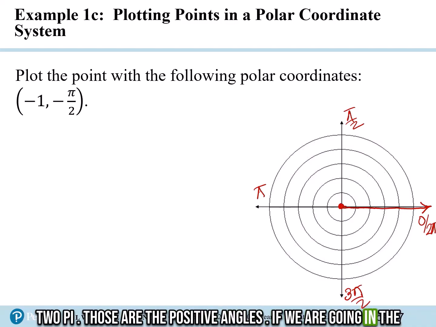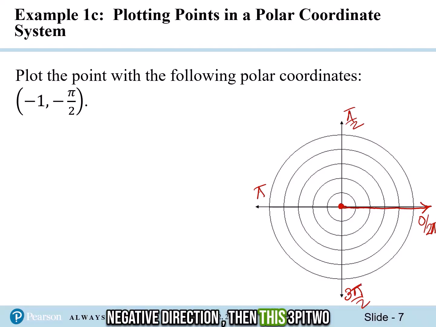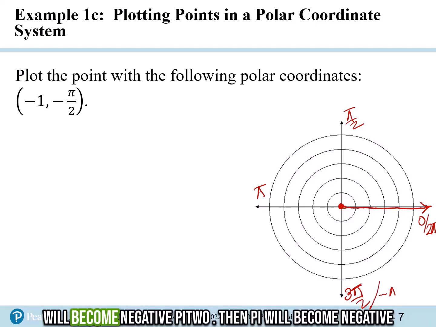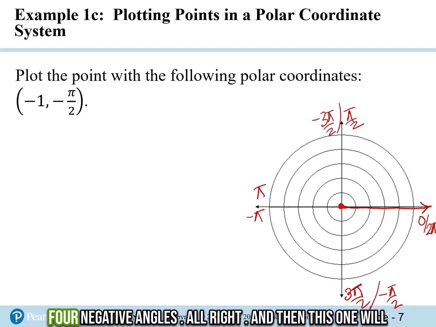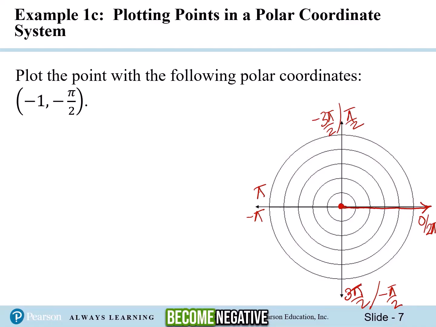If we are going in the negative direction, then this 3 pi/2 will become -pi/2. Then pi will become -pi, and pi/2 will become -3 pi/2, the negative angles. All right, and then this one will become -2 pi. You get the idea, correct?